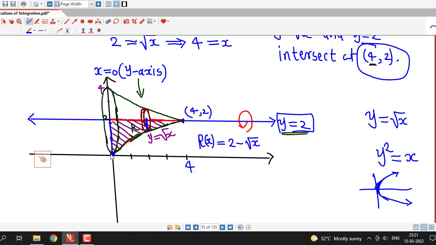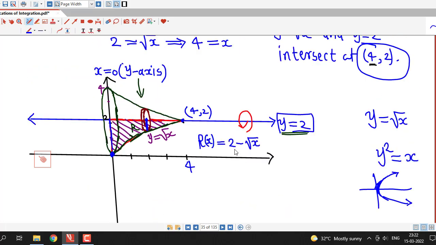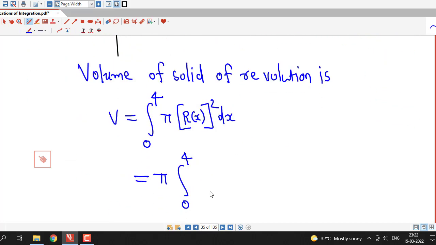Now all these points are on the y-axis, so the value of x is 0 here, and here the value of x is 4. So the limits of integration are from 0 to 4. Pi is independent of x, so we can take it outside, and r(x) we have obtained as 2 minus square root of x. So here we integrate the square of 2 minus square root of x with respect to x.